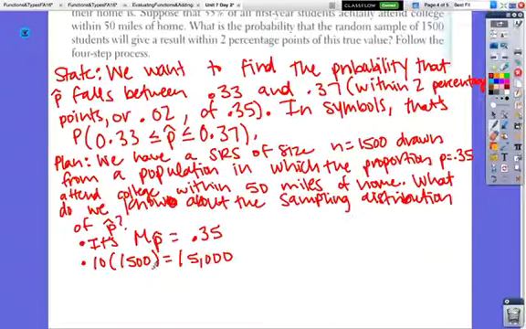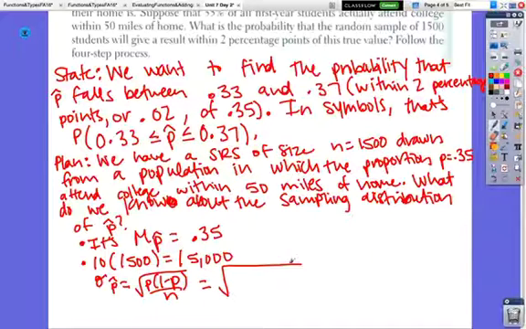So we do, so we're good. And because we know that there are over 7.1 million first-year college students, we can find the standard deviation for p hat to be the square root of p times 1 minus p over n. And so that would be 0.35 times 1 minus 0.35 over 1,500. Whenever you work that out, you would get 0.0123.